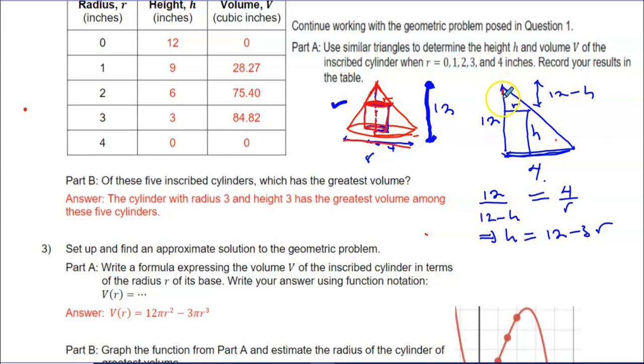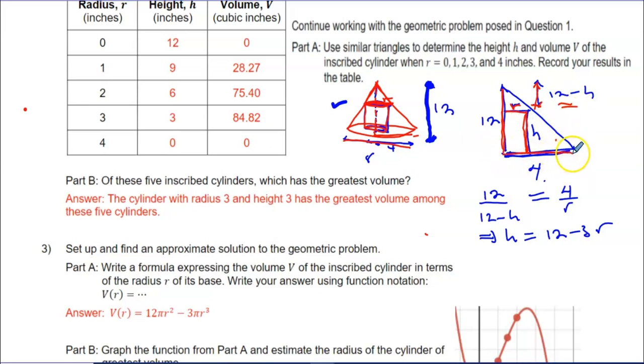And so this from here to there is my height of 12. From here is my small triangle at the top, which has a radius of r. If this is the height of the cylinder, then the height of the small triangle at the top is going to be 12, this total height, minus the height of the cylinder. And that is what we have here.